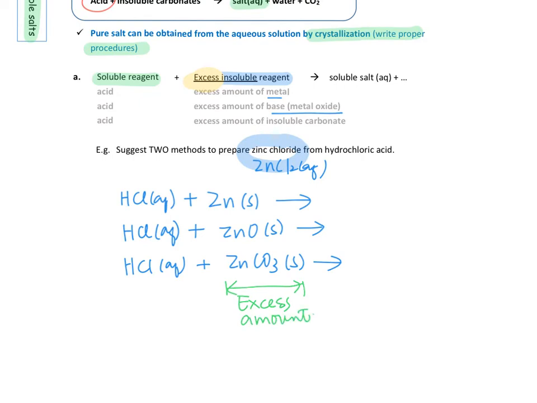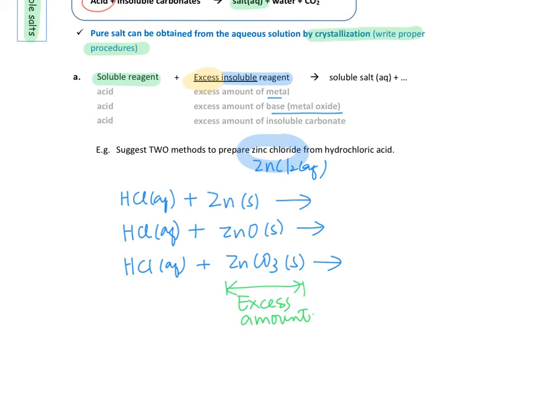So we need to add excess zinc into hydrochloric acid, and then when the gas bubbles stop and we have some solid zinc left in the solution, that means all the hydrochloric acid has been consumed, and then we can remove the zinc metal, obtain the solution, which is the zinc chloride solution, and then perform crystallization.